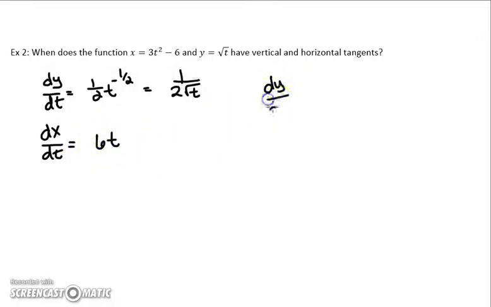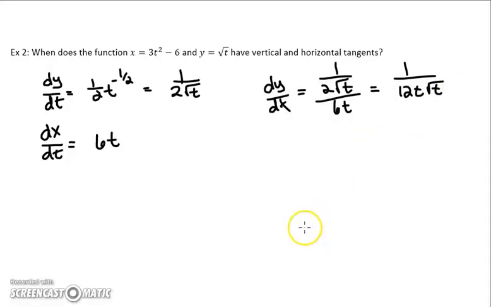So dy/dx is 1 over 2 radical t over 6t. If we want to, we can think about this as 1 over 12t radical t, right? If you have this over 1 multiplied by the reciprocal. Or we can also say 12t to the 3/2 power.